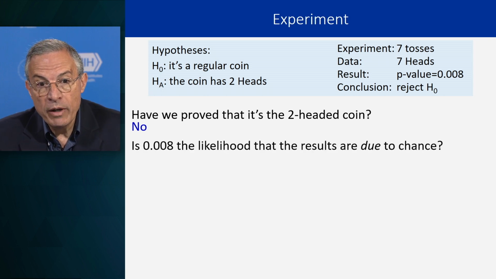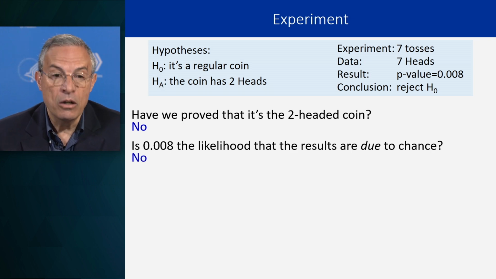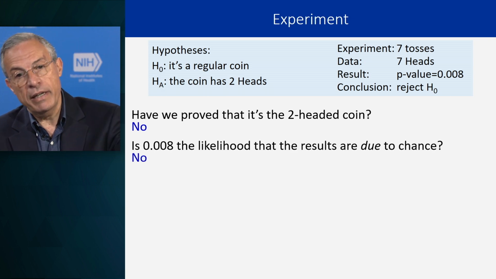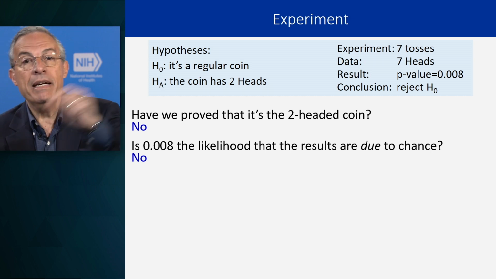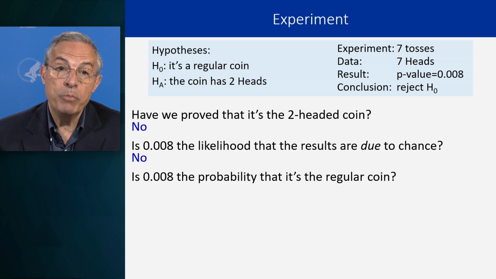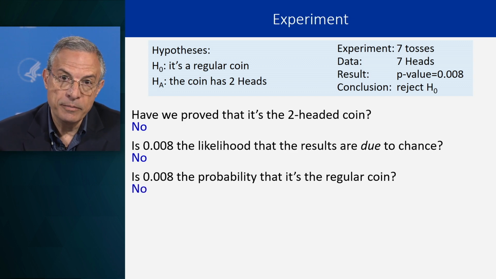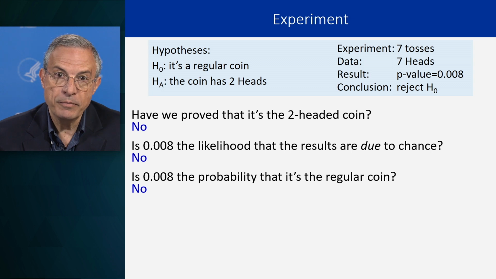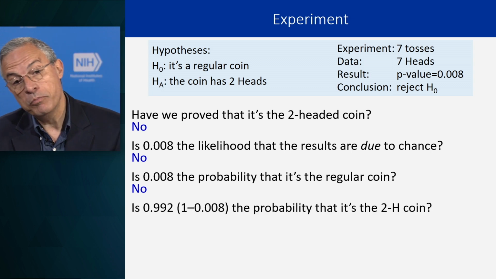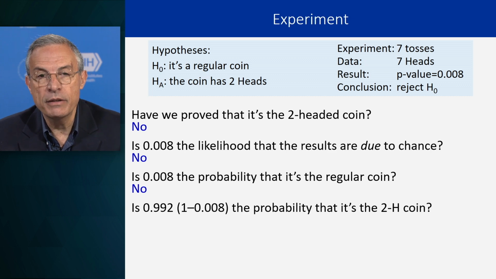Is 0.008 the likelihood that the results are due to chance? No, it is the chance. It's not the likelihood that the results are due to chance. It is the chance of getting what we got. Is 0.008 the probability that it's the regular coin? No, it is not. Is 1 minus 0.008 the probability that it's the two-headed coin?